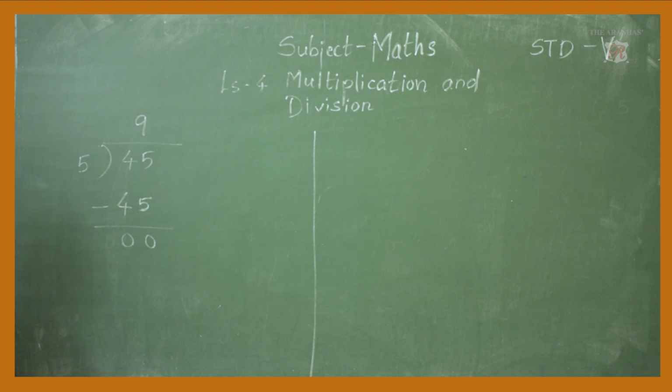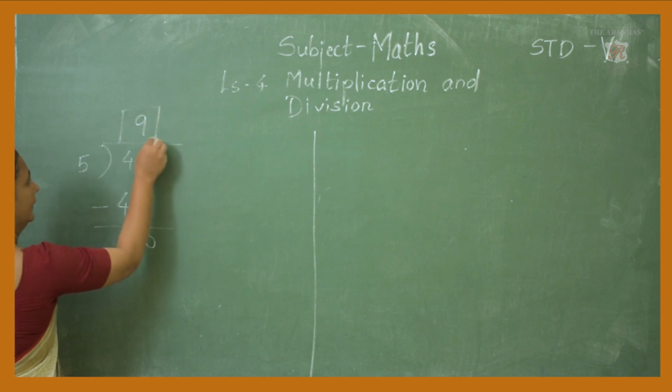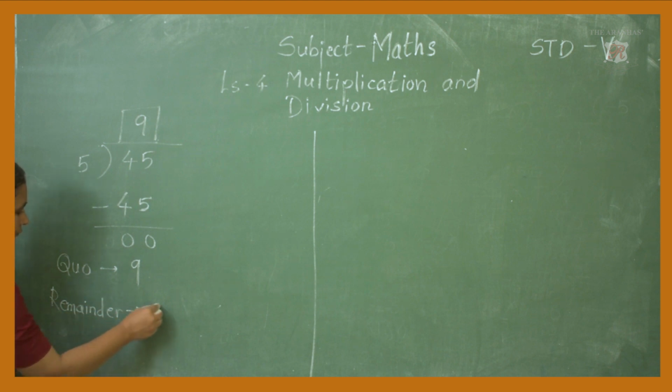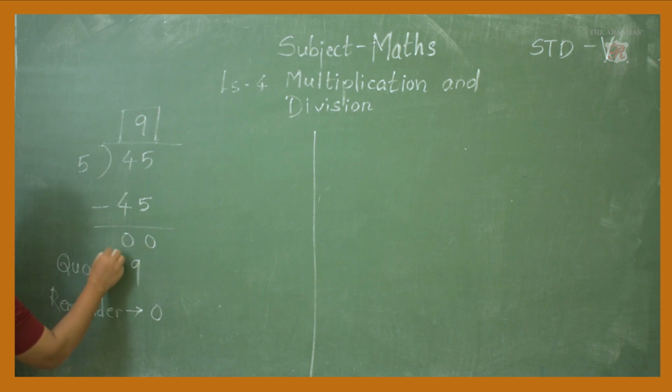Now take, which number is the quotient? The answer, where we are getting it, that is called the quotient, isn't it? And now the equals. Remainder is zero. Here, what is that? That is called the remainder.